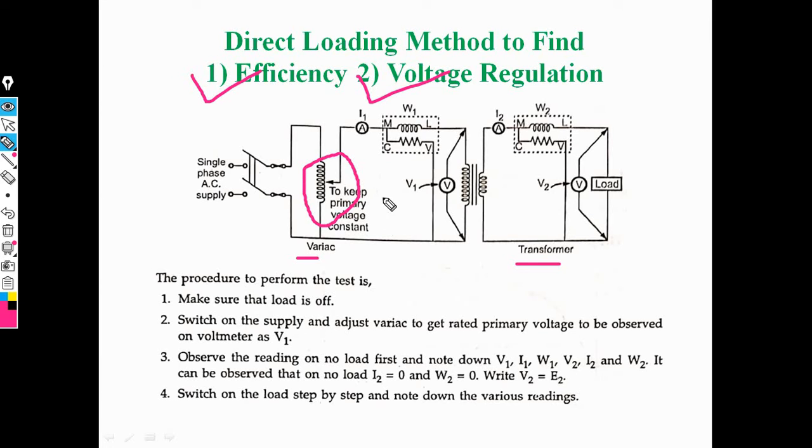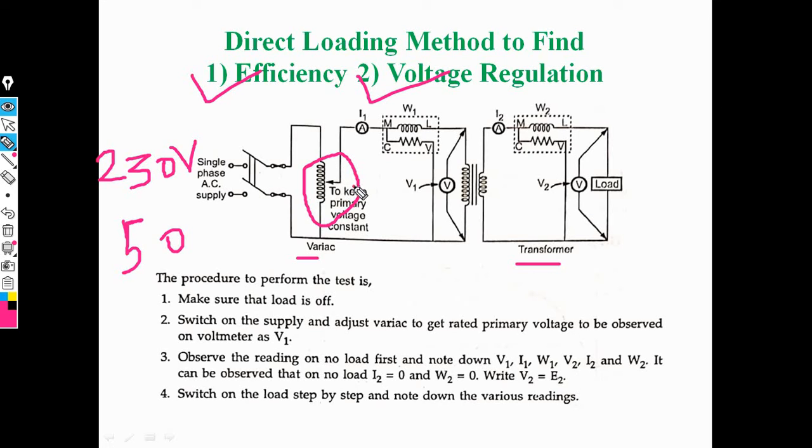Then this is the single phase AC supply, 230 volt AC, and the frequency is 50 Hz. This single phase AC supply is given to the variac, which increases or decreases the voltage at a certain point. Then this variac is used to adjust the voltage at a constant position.